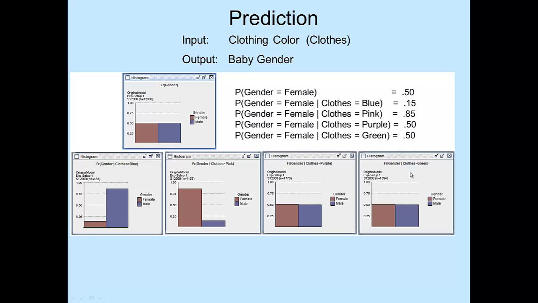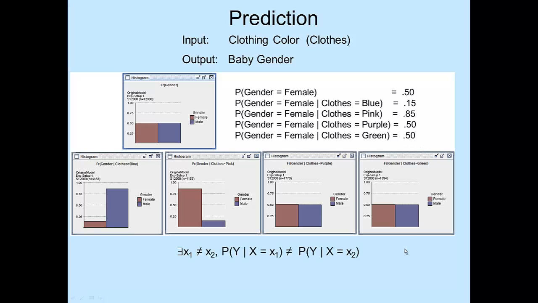And as it turns out, the chances that a baby is female or male, given they're wearing purple clothing or given they're wearing green clothing, is just the same as if we knew nothing about their clothing whatsoever. So the probability of gender female is 50-50, female given clothes purple, 50-50, female given clothes green, 50-50.